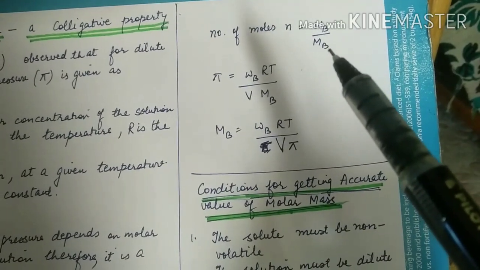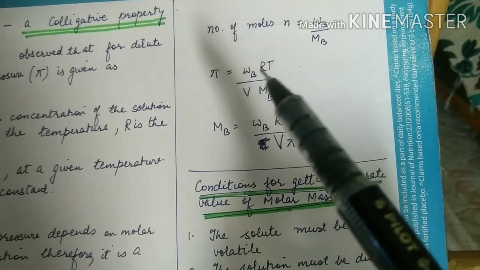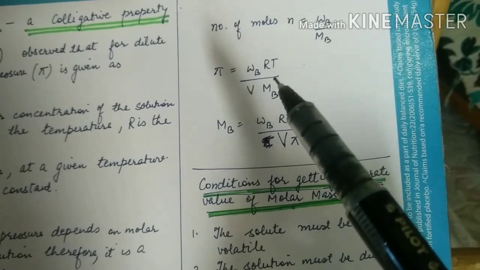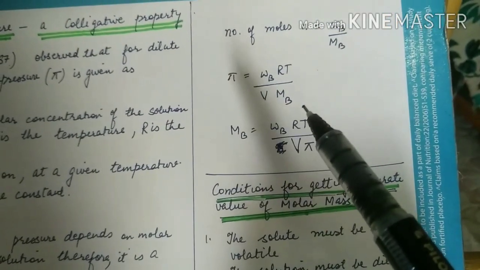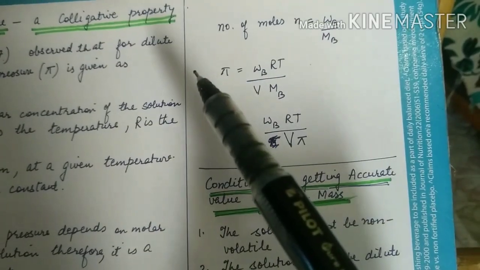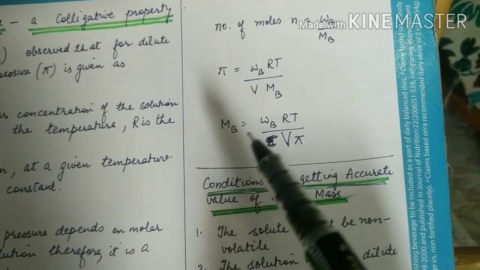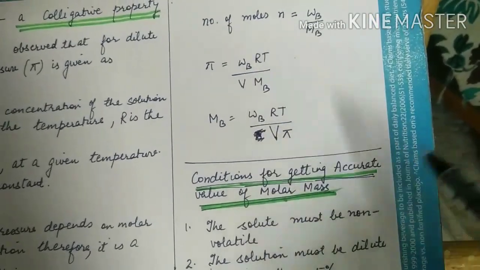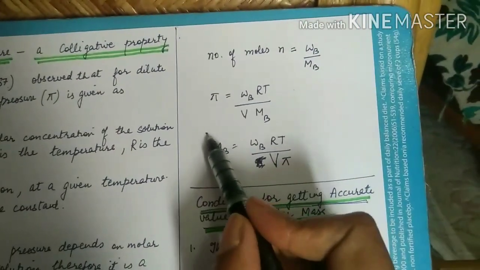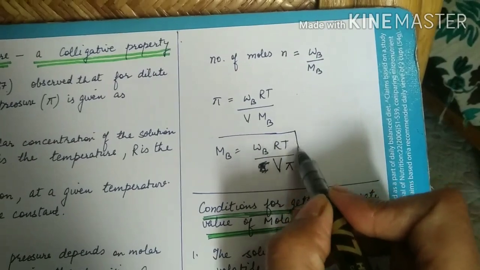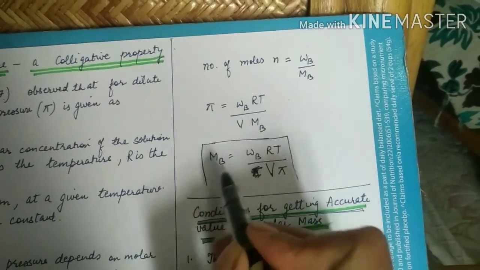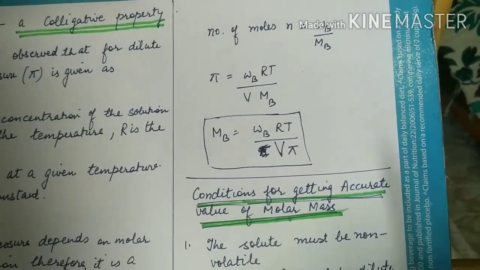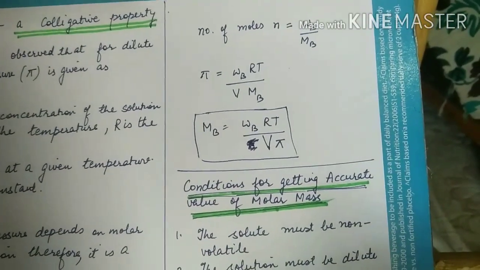So putting WB upon MB in place of n, we get pi is equal to WB RT upon V MB. Taking MB to this side and pi to this side, we get MB is equal to WB RT upon V into pi. This is our expression for osmotic pressure, by which we can find out the molar mass of an unknown solute. It's a mathematical tool and can be used for solving numericals.